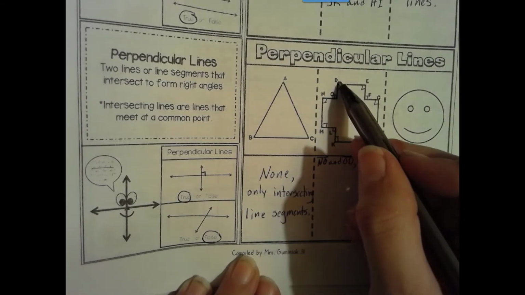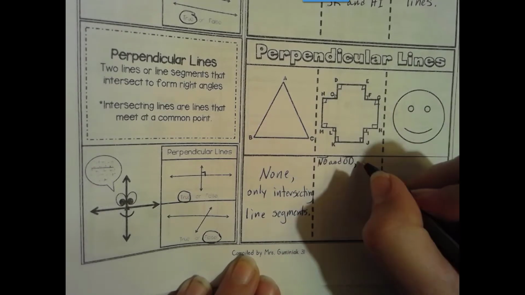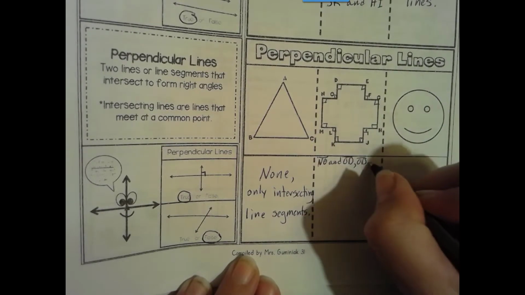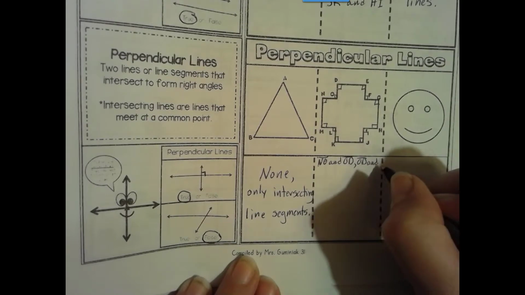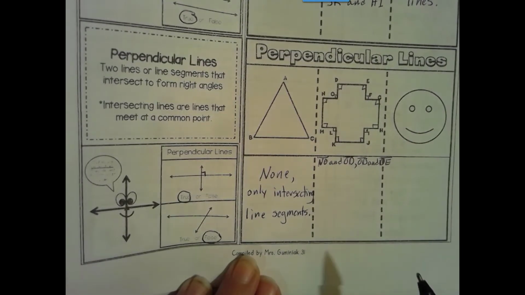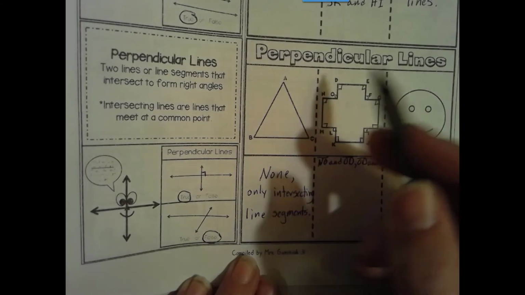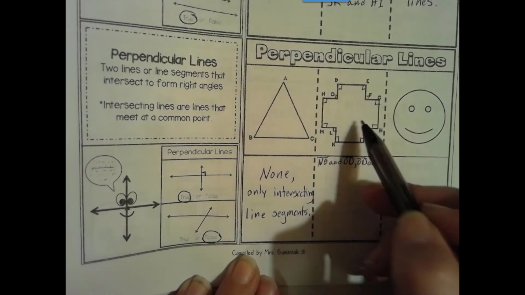OD is perpendicular to DE. DE is perpendicular to EF.